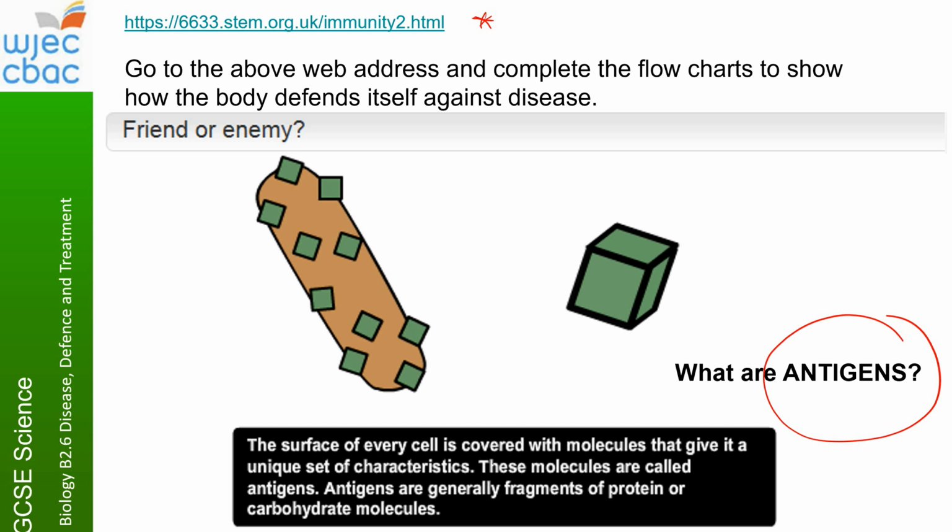They are protein fragments, okay, or carbohydrate molecules, okay, that are specific to that particular cell or pollen or microbe. So in the first box, you need to fill in this text, okay, to show what an antigen actually is.